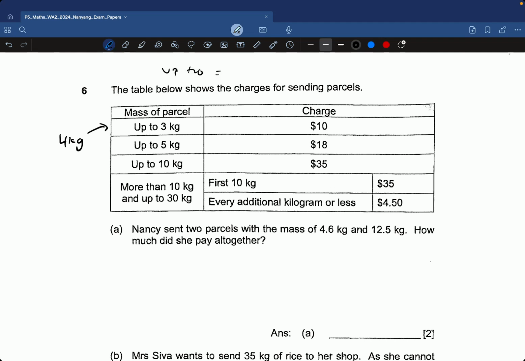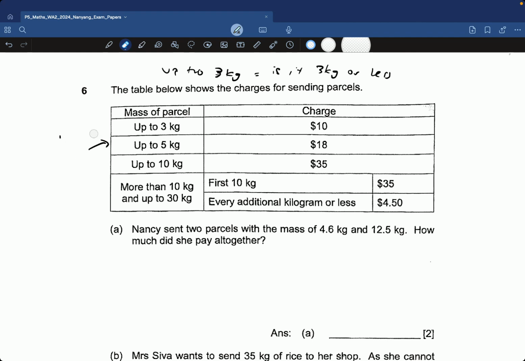Up to 3 kg is the same as saying 3 kg or less, right? So that's what up to means. So 4 kg is not really up to 3 kg, it's actually up to 5 kg because it's 5 kg and less.